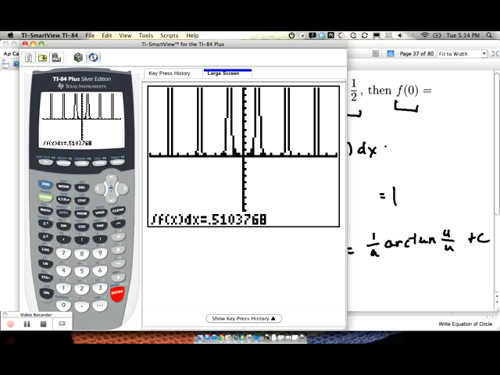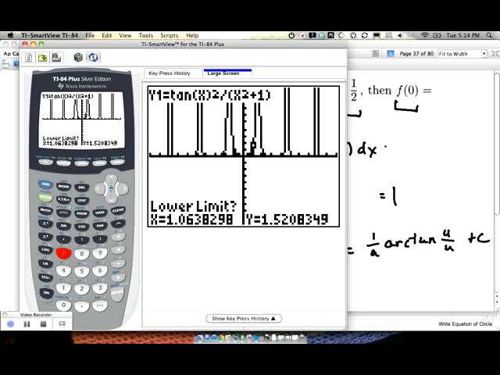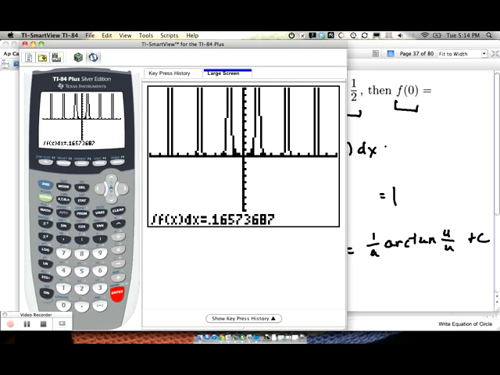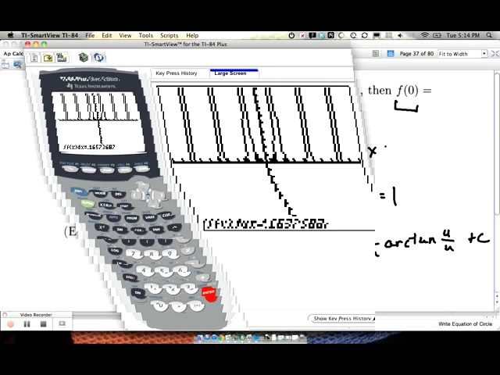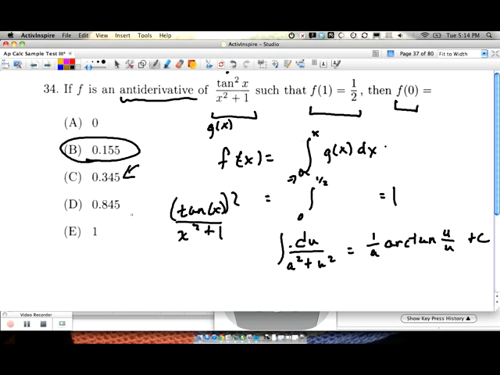So then I need to figure out the integral from -0.8 to 0. That's about 0.165. The closest thing to that is B, so that's the answer I'm going to go with.